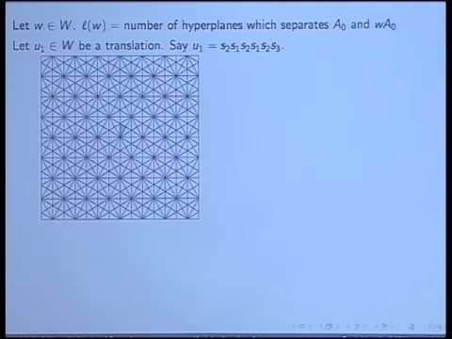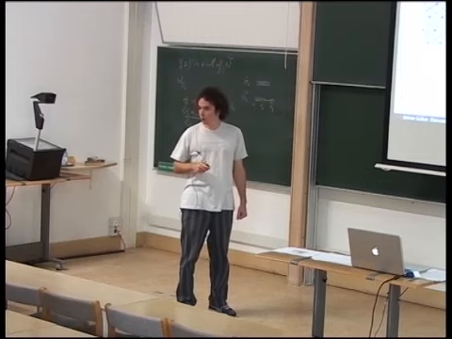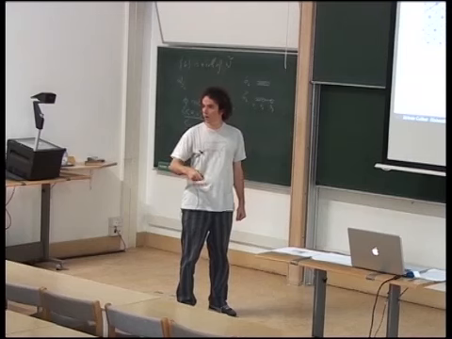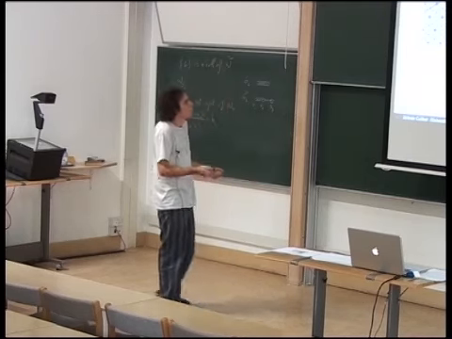So if I take U1 here, well, it takes A0 to there, which is a translate. So if I look at the set of hyperplanes which separate these 2 alcoves, they're there. So why does the length of W equal the number of hyperplanes? Well, you want to go from A0 to the yellow one. You're only allowed to cross one hyperplane at a time, and you want to do it with the fewest possible generators.